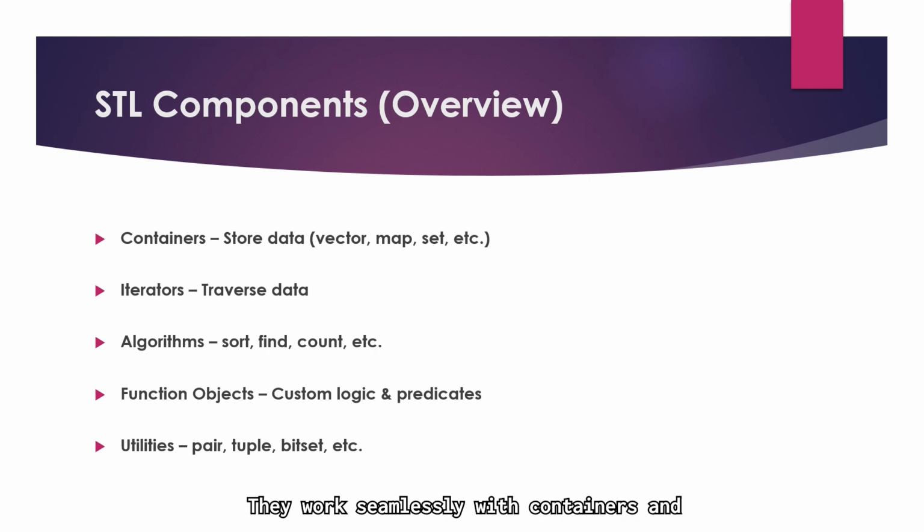They work seamlessly with containers and iterators. And fourth are function objects, or functors, which allow us to create custom behavior when working with algorithms. And finally, STL includes several utility tools like pair, tuple, bitset, and newer additions like optional, variant, and any in C++17.